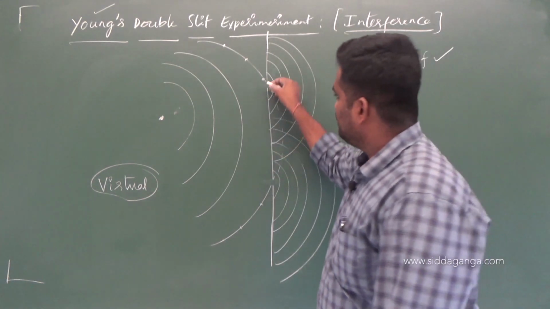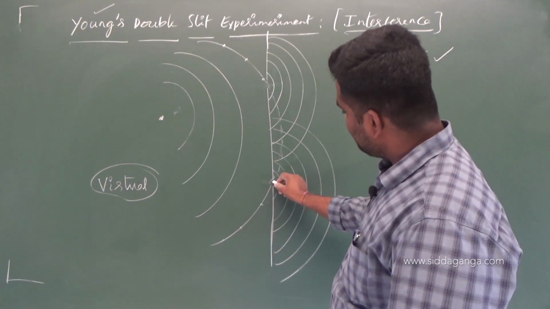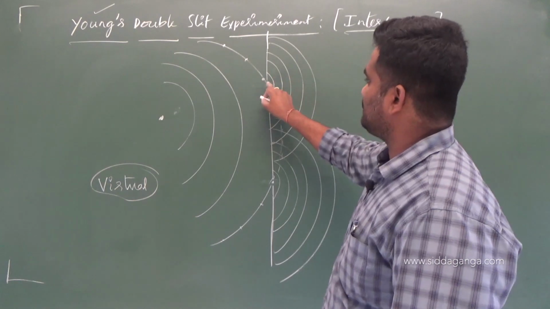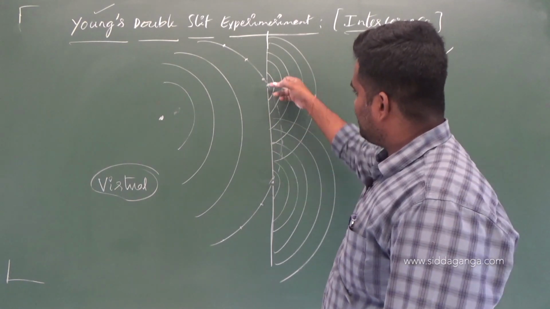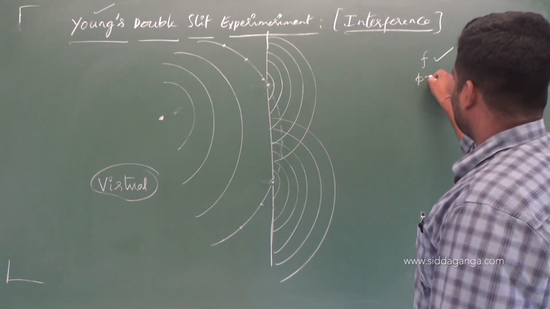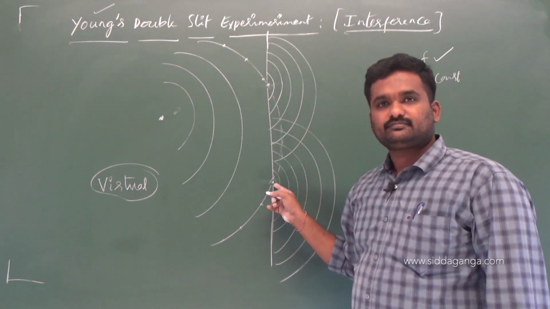Along with that, both are from the same single wavefront. Single wavefront means whatever phase the light has at this point, the same phase will be there at this particular point also. It means the phase of the light coming from these two sources is going to be constant. The phase phi also remains constant for the light coming from these two sources.